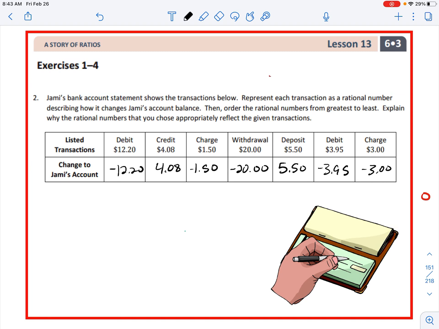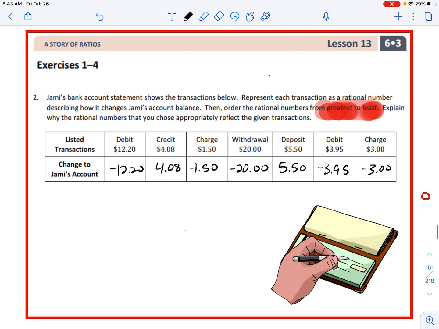Okay, now I want you to pause the video and try writing these in order from greatest to least this time. Okay, remember, greatest to least. You should have paused the video, okay, and attempted to write these from greatest to least.